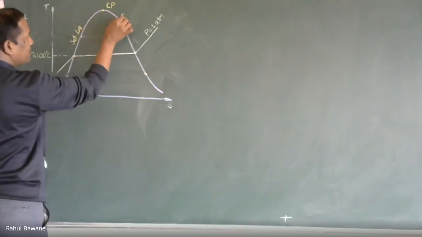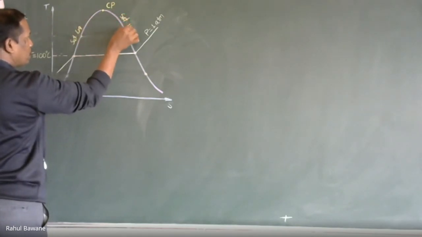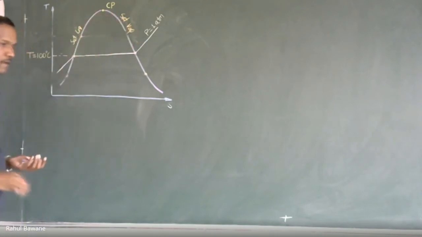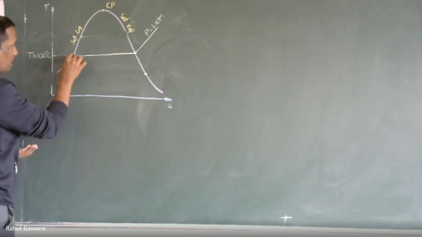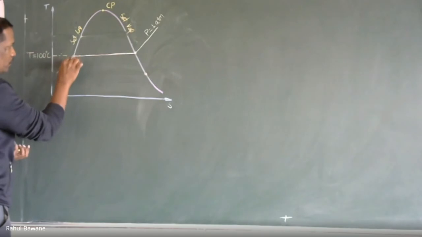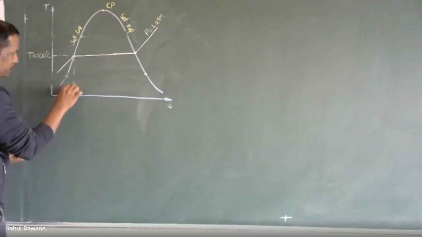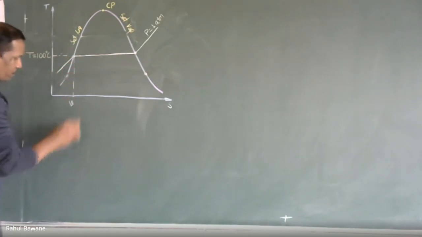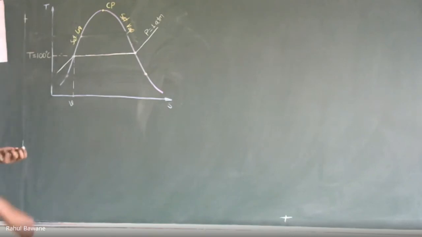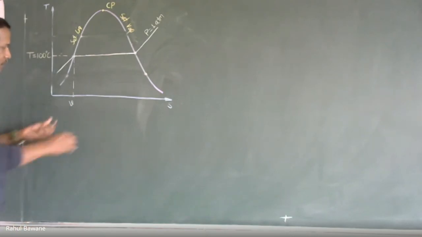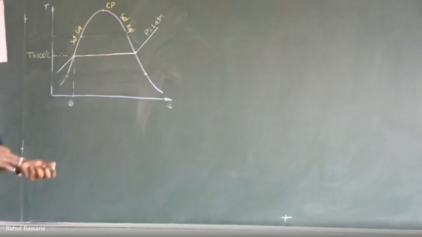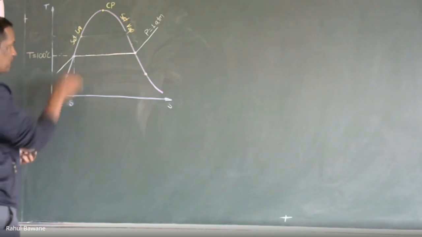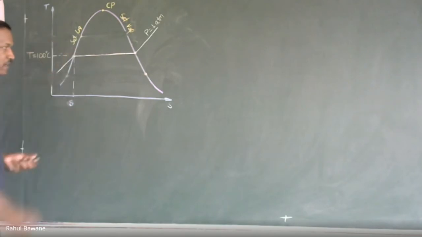This is the saturated vapor curve. Now at this point, this is specific volume, correct? Sorry, this is specific entropy. It is a TS diagram, so it is specific entropy at this point.